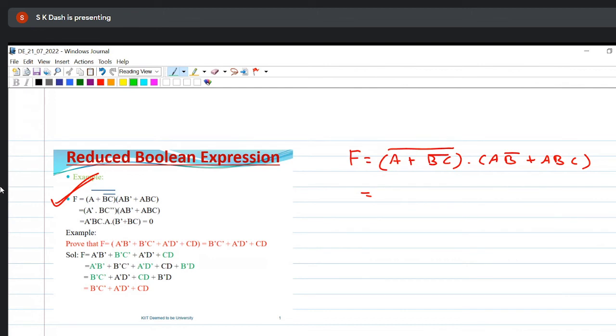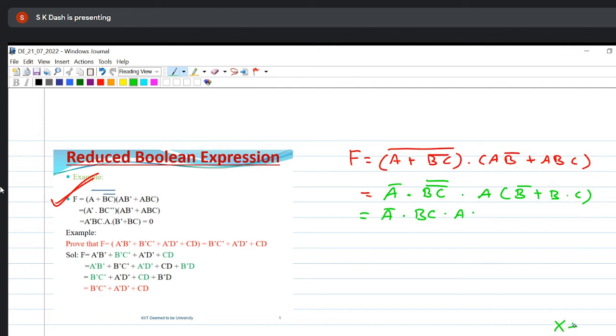As per De Morgan's theorem, it will be a bar dot bc whole bar dot. If I take a common, I can write b bar plus b dot c. Next, a bar dot bc double complement, which is BC, dot A.